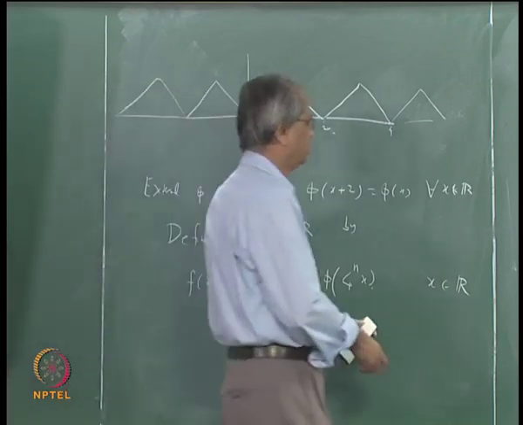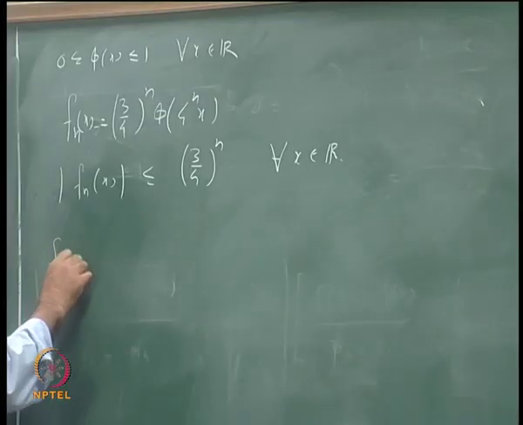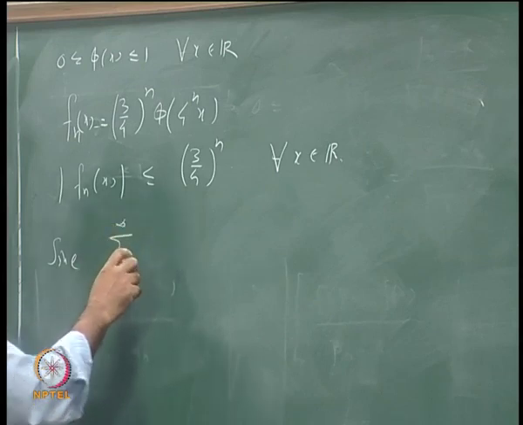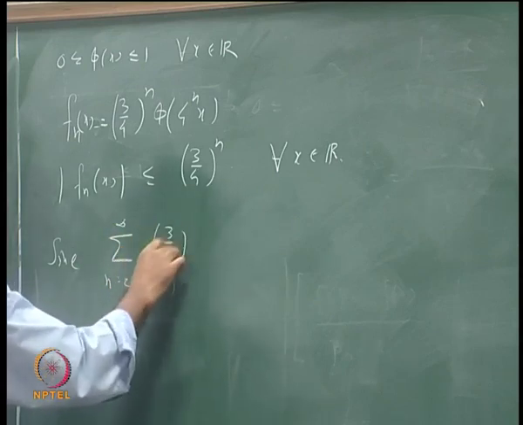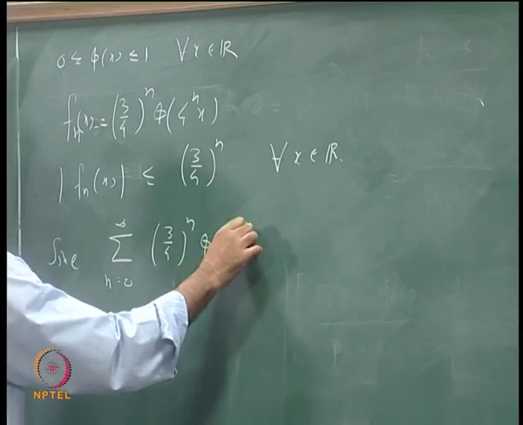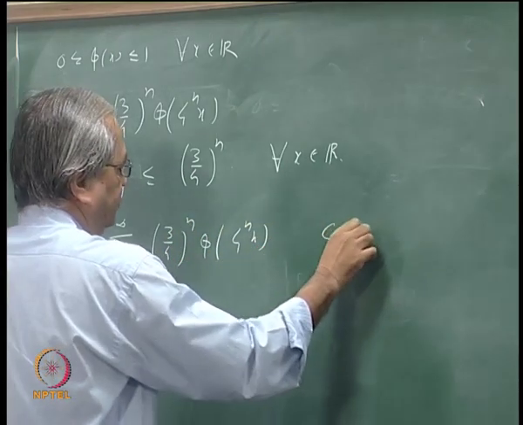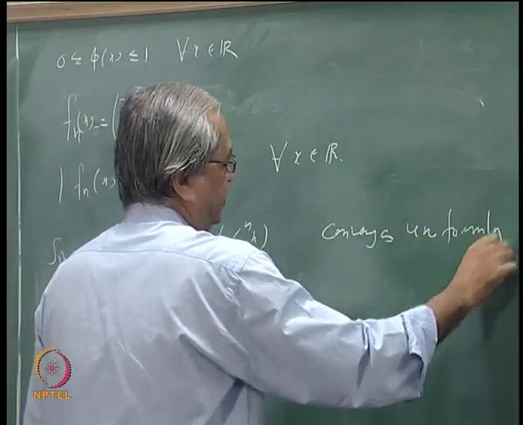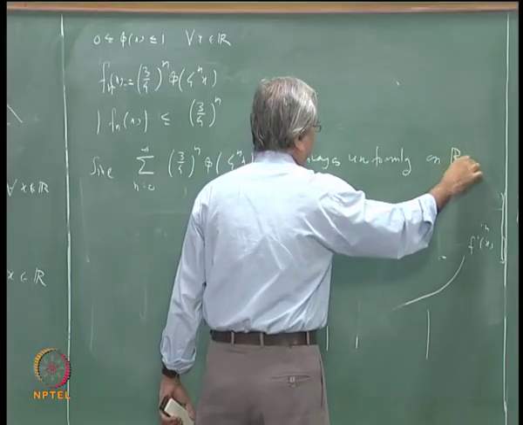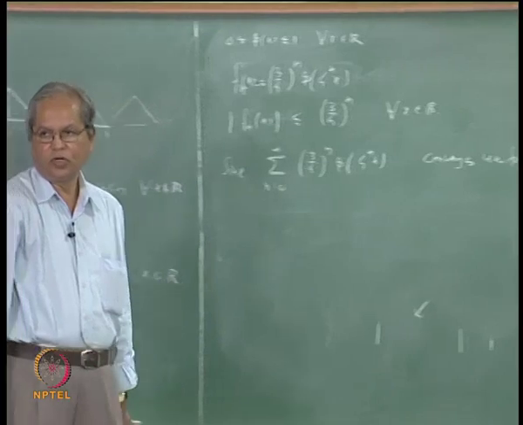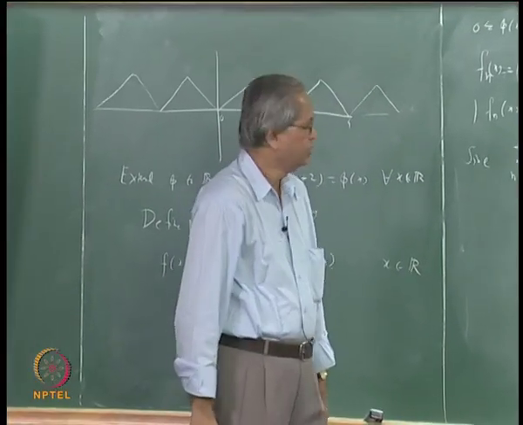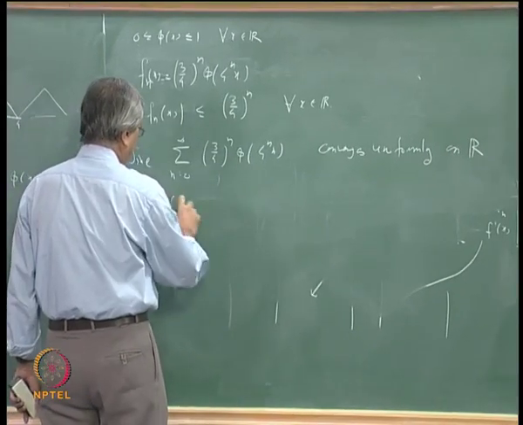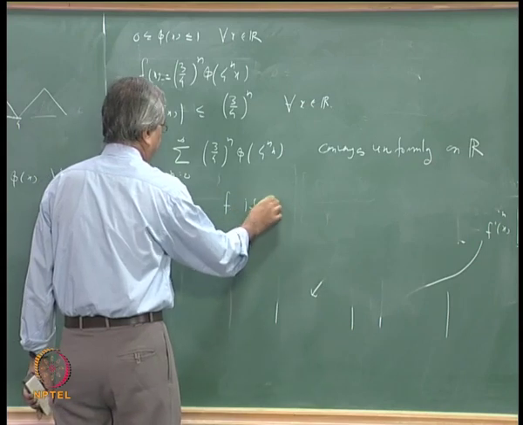So since sigma n going from 0 to infinity of (3 by 4) to the power n phi of 4 to the power n x converges uniformly on R to f, f is continuous on R.